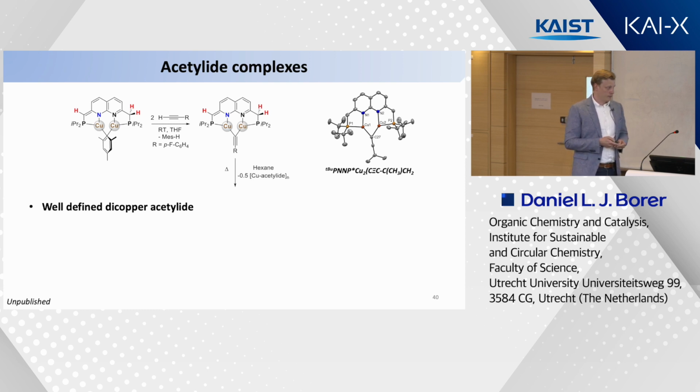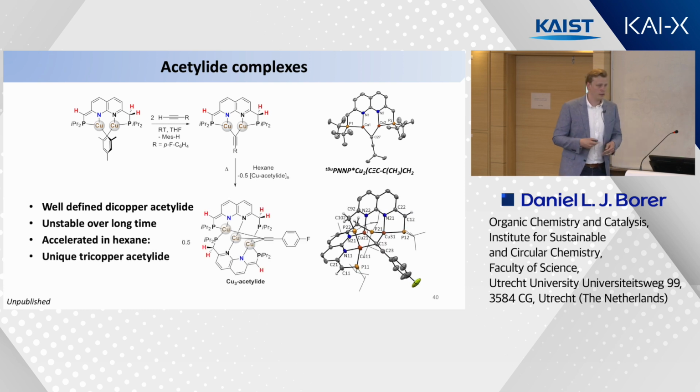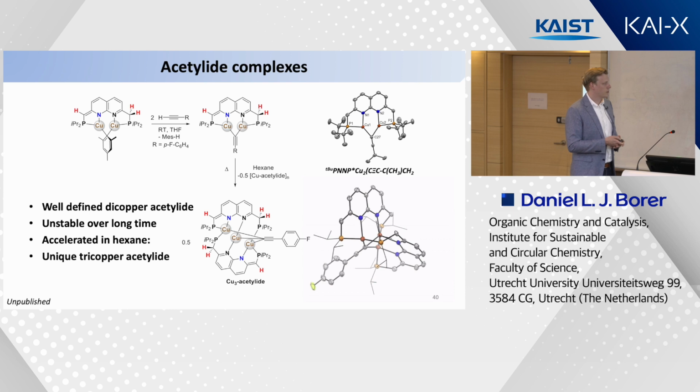However, this is not stable, because in time, especially if you heat it in hexane, we get this really unusual tricopper acetylide, which is also a really funky structure over here. We have basically 2 PNNP ligands that are bound to 3 individual copper, so we lost the copper along the way.